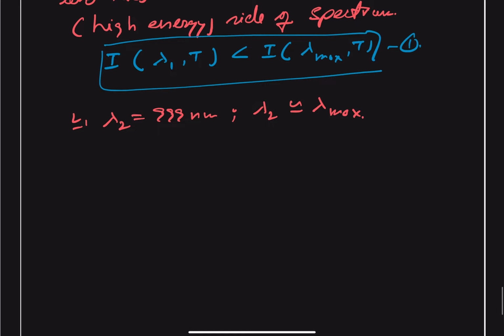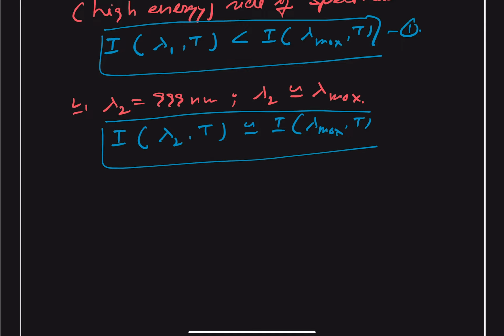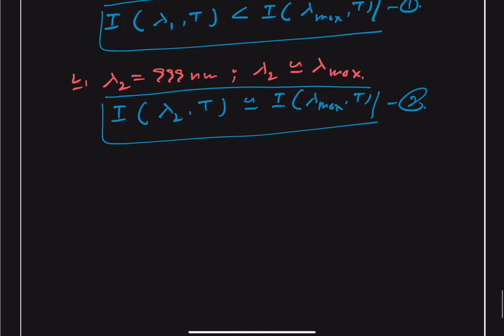Therefore, the intensity at lambda 2 at temperature T is close to the intensity at the maximum wavelength. Let us call this equation number 2.